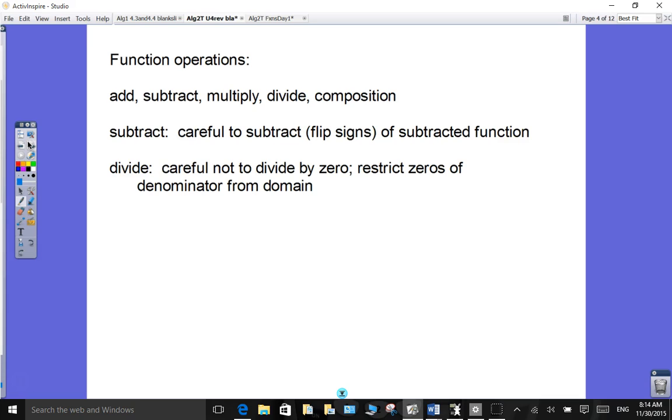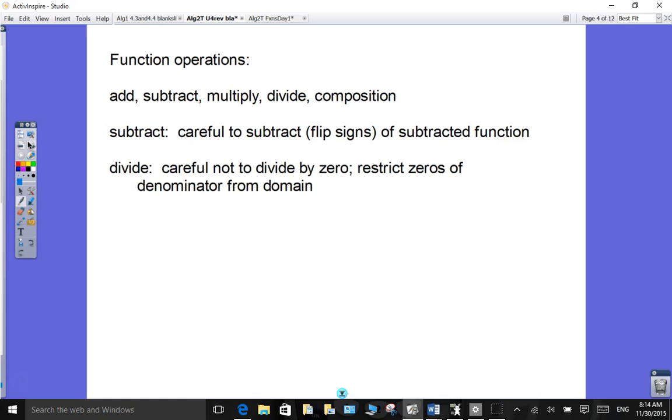When you're dividing by a variable expression, that's a possibility. So how do you tell which values are not in your domain? You find the zeros of the denominator, set it equal to 0, solve. And then you need to say x does not equal whatever they are. What if there are no zeros of the denominator?